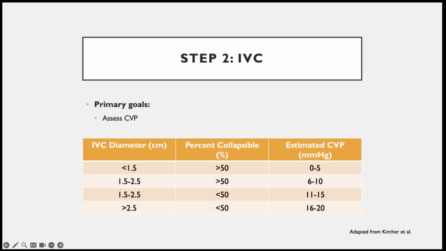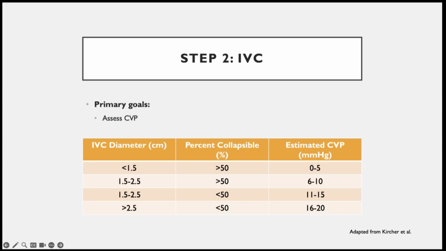So the next part of the exam, you'll be moving on to assessing the IVC. The primary goal of this exam is to assess the central venous pressure. Here's a table with the measurements that you'll be obtaining from this view. First you'll be measuring the IVC diameter, and you'll also be assessing the percent of collapsibility of that IVC, especially during inspiration.